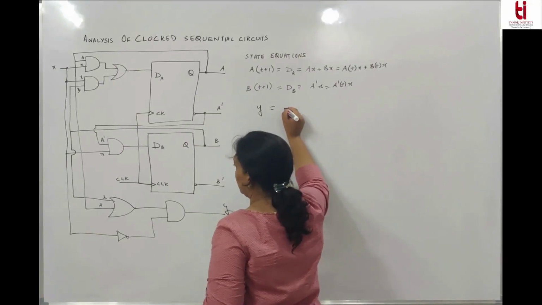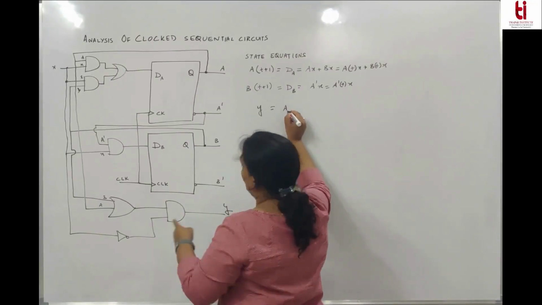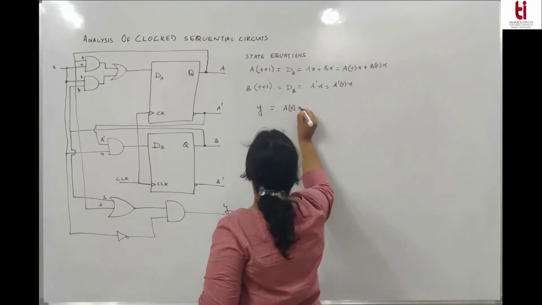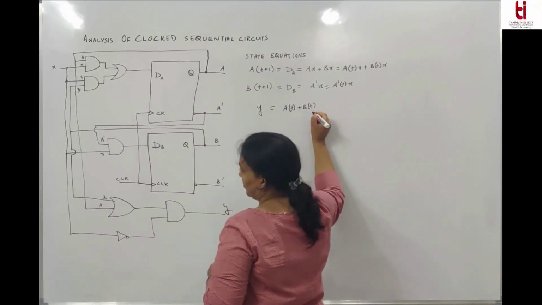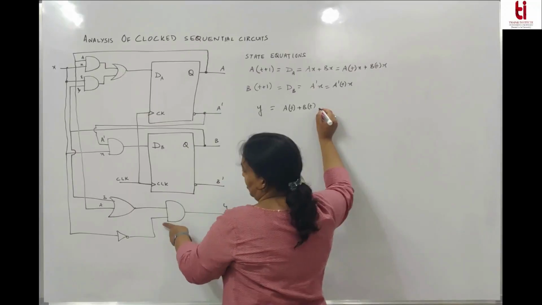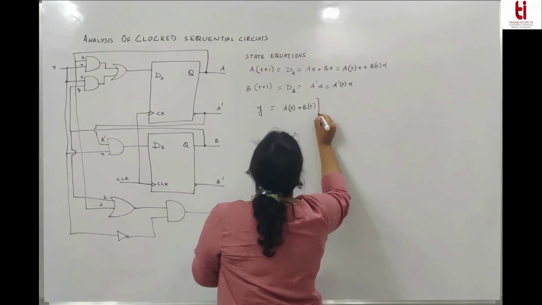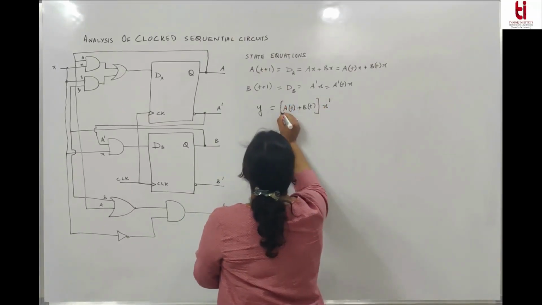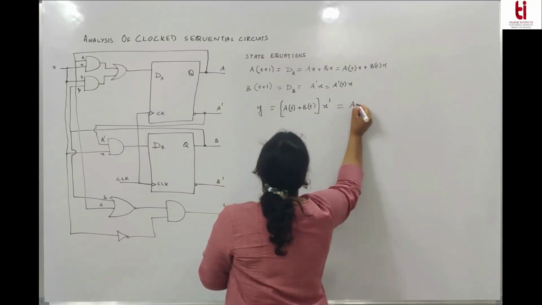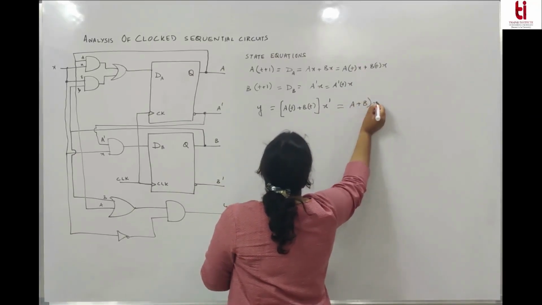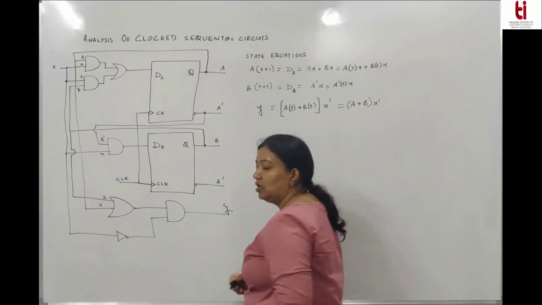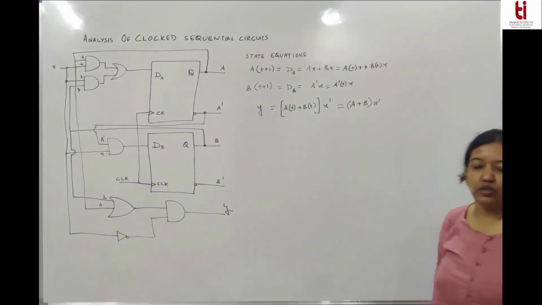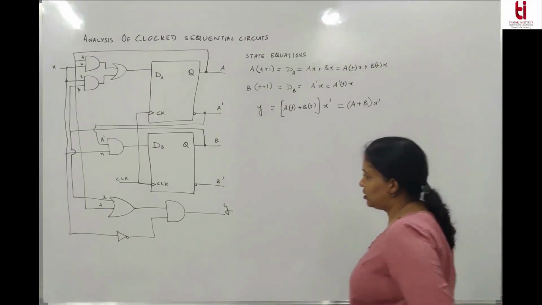Y is A or B, so present state of A OR B, and with X bar. So I can write it as (A plus B) into X bar. So these are called the state equations. You should know how to write the state equations.